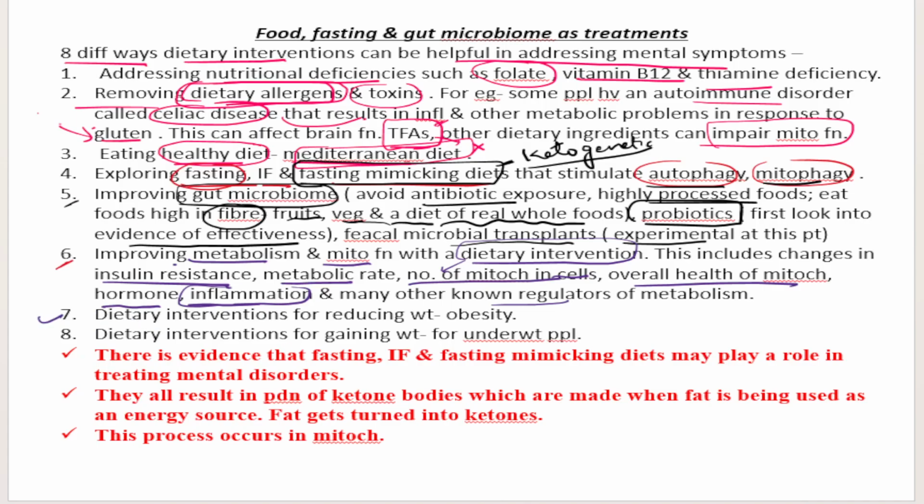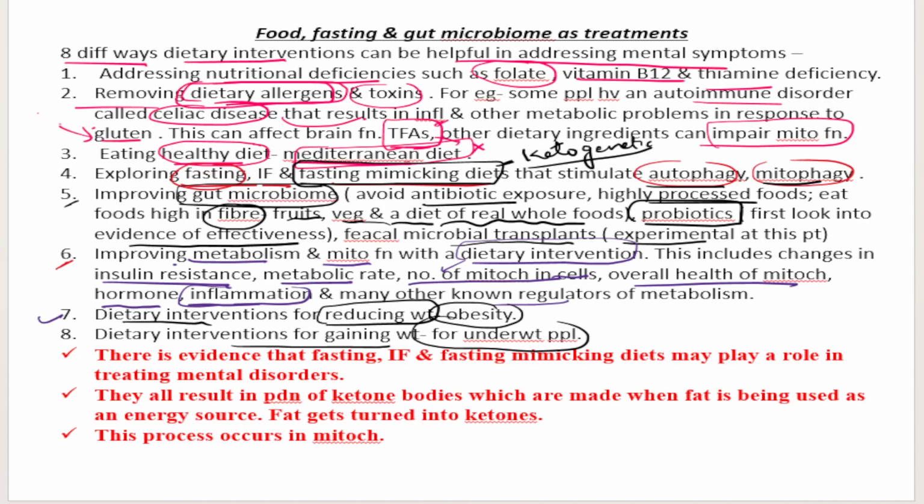Metabolic disorders like obesity can be corrected by dietary interventions that reduce weight. For underweight people, there are dietary interventions for gaining weight. So these are certain methods by which food, fasting and gut microbiomes can act as treatments.